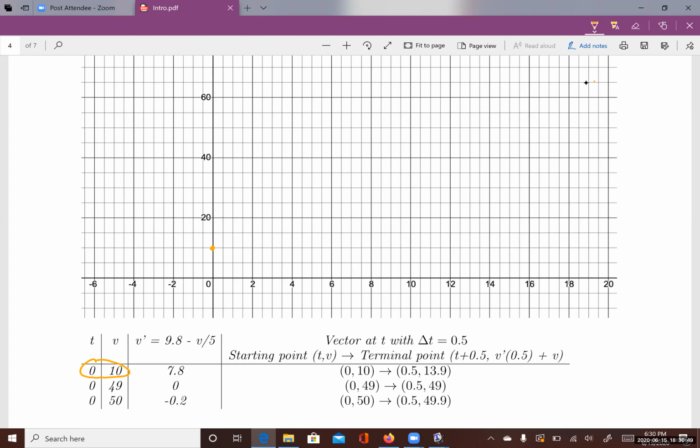This is the point (0, 10) right here. Using the differential equation, I found that v prime is 7.8. And using the starting point and terminal point, I found that my terminal point is (0.5, 13.9) when the fixed delta t is 0.5.